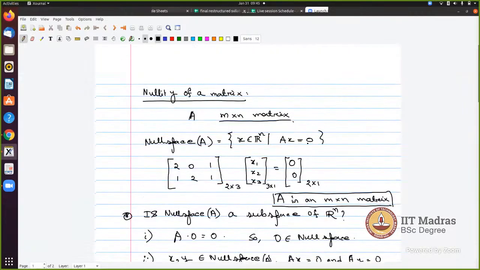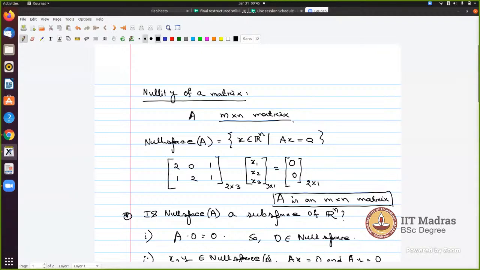So we are basically discussing week 5 topics. We started with the first topic, which is nullity of a matrix. In week 4 we learned about rank of a matrix. Now we are going to learn about nullity of a matrix or null space of a matrix. Null space means all those vectors such that Ax equal to 0. We started with the matrix A, which is an M cross N matrix.